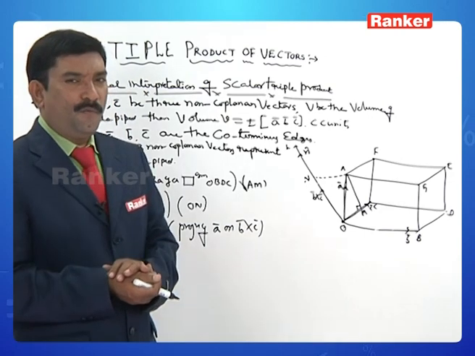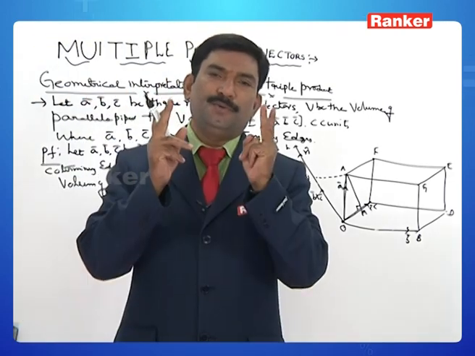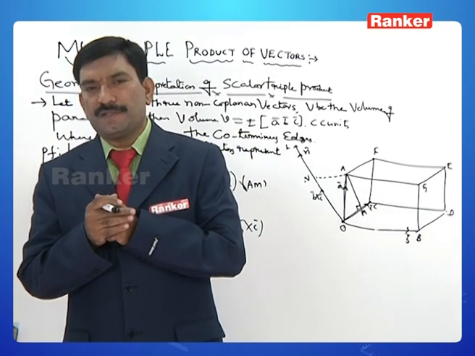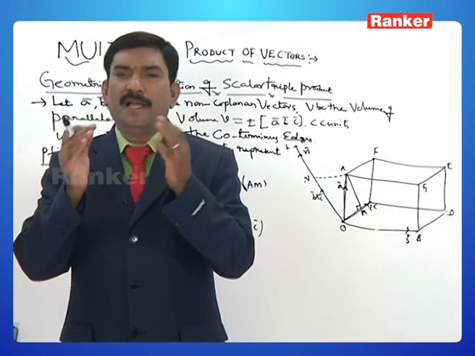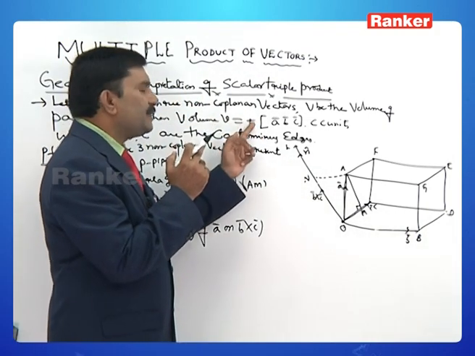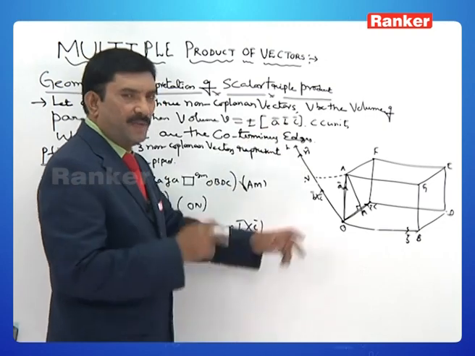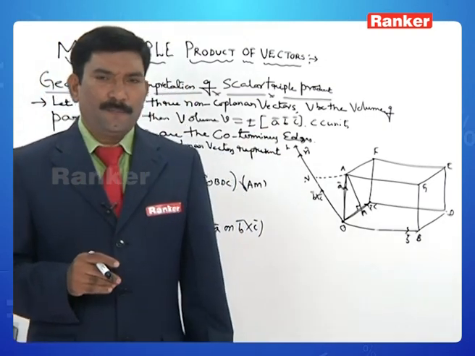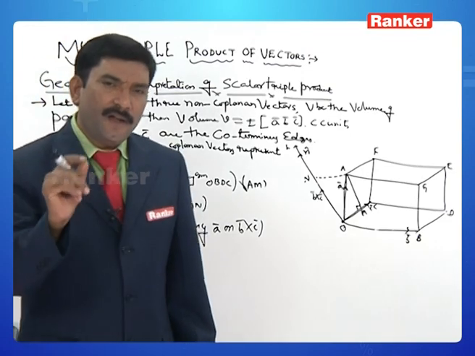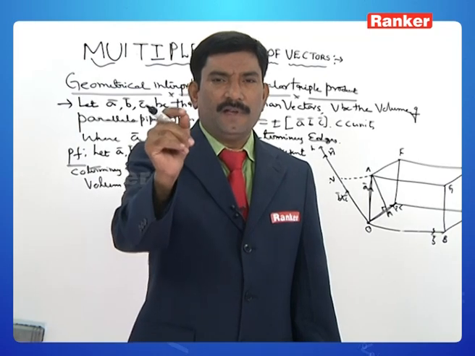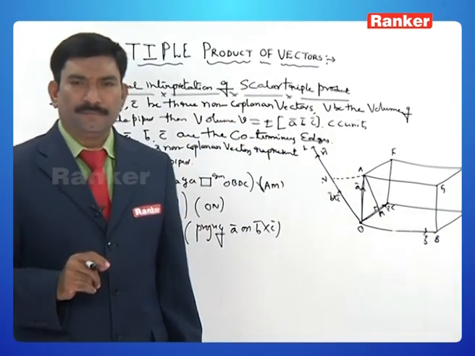Here we have to discuss two cases. What are the two cases? As we have known earlier, V is equal to plus or minus box of ABC. That explains it. Plus says they are in right-handed system. Minus says they are in left-handed system.